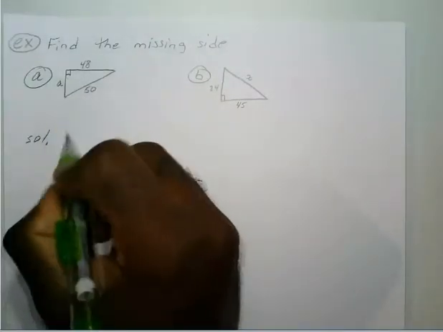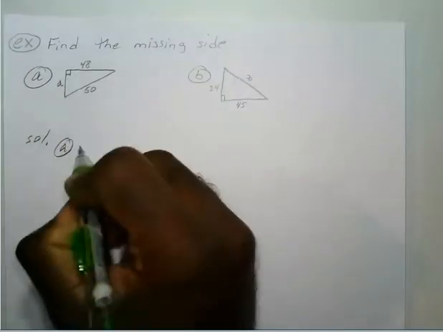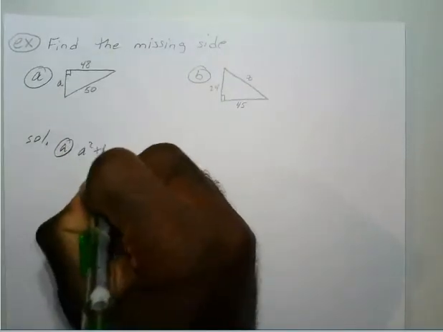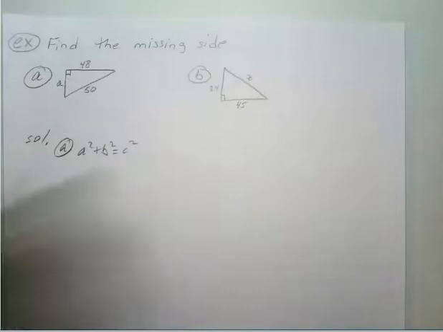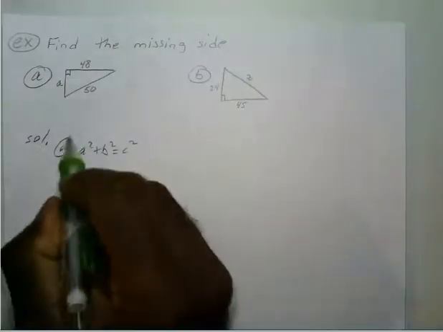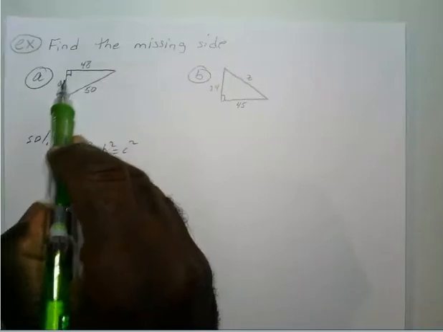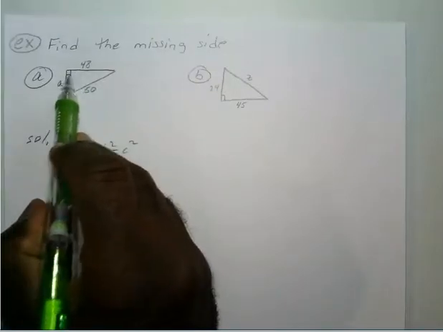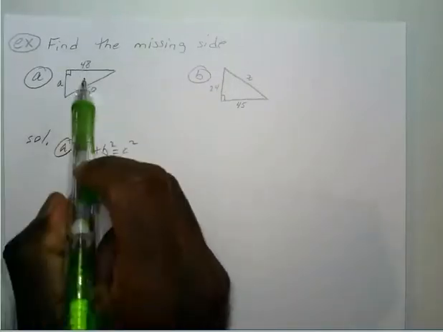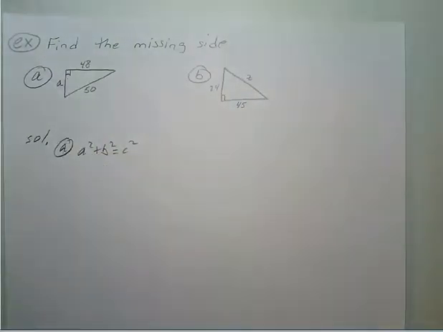Okay, so starting off, A squared plus B squared equals C squared. We see here, remember, the two sides connected by the right angle are your leg A and leg B, or leg X and leg Y, whichever variable you want to use.